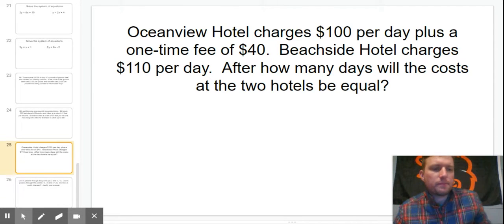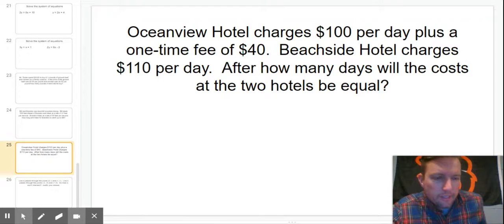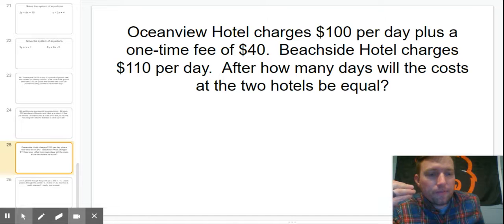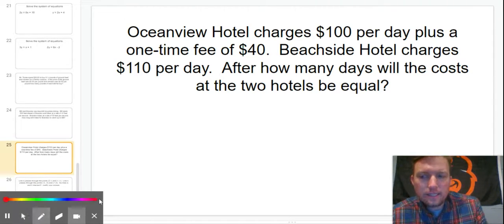Now, we've been working on systems of equations, and that means we use 2 equations that are related, that are connected, that share the value of the variable to solve this problem. So there are 2 things going on: a cost, and the number of days.